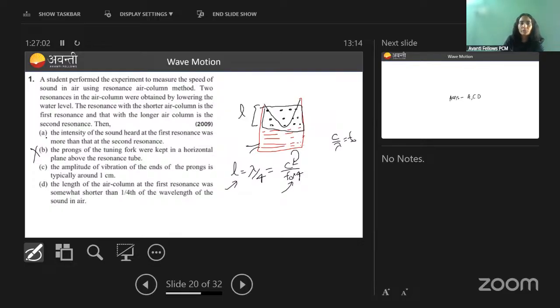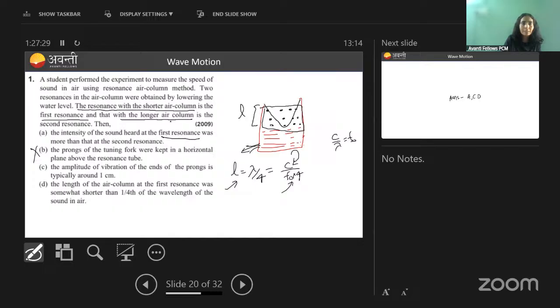Let's talk about more options here. The intensity of sound heard at the first resonance was more than that at the second resonance. Now we cannot say this from the statement. यहाँ पे देखो question को पढ़ो. The resonance with the shorter air column is the first resonance, and that with the longer air column is the second resonance. I told you before, you can change the height of water column and hence air column.